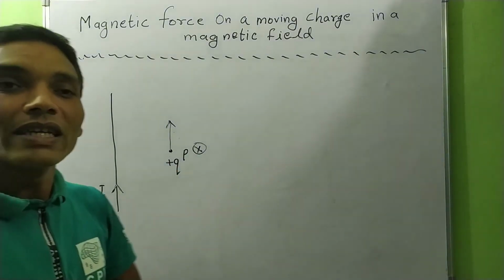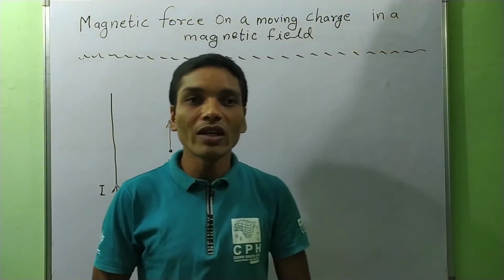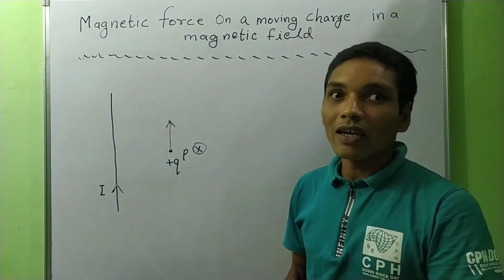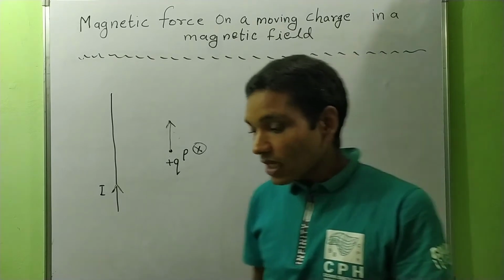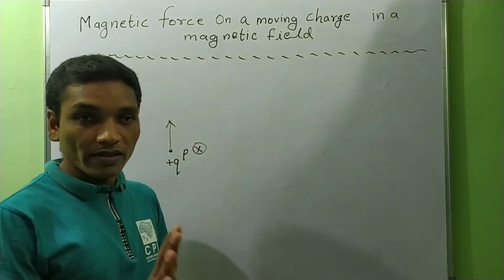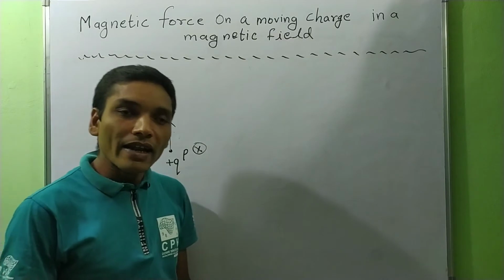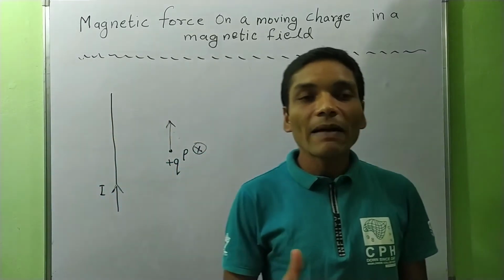We will determine the direction of force on the charged particle moving in the magnetic field by the right hand palm rule number 2 and the Fleming's left hand rule.